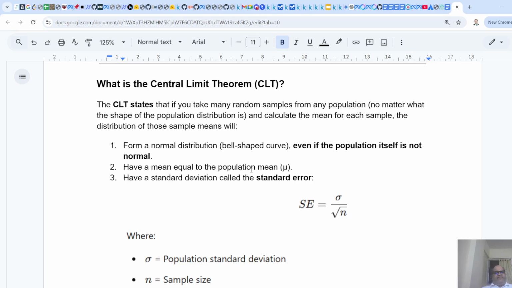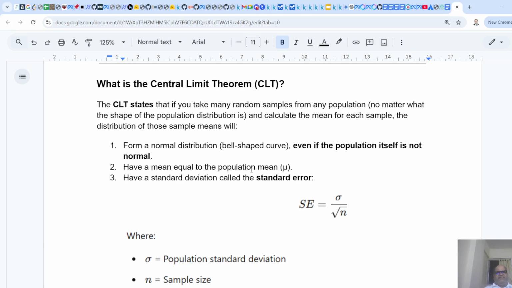Even if it is not normally distributed, if you start randomly choosing say 5 or 10 numbers in one go and take the average of that, then those averages will follow a normal distribution.